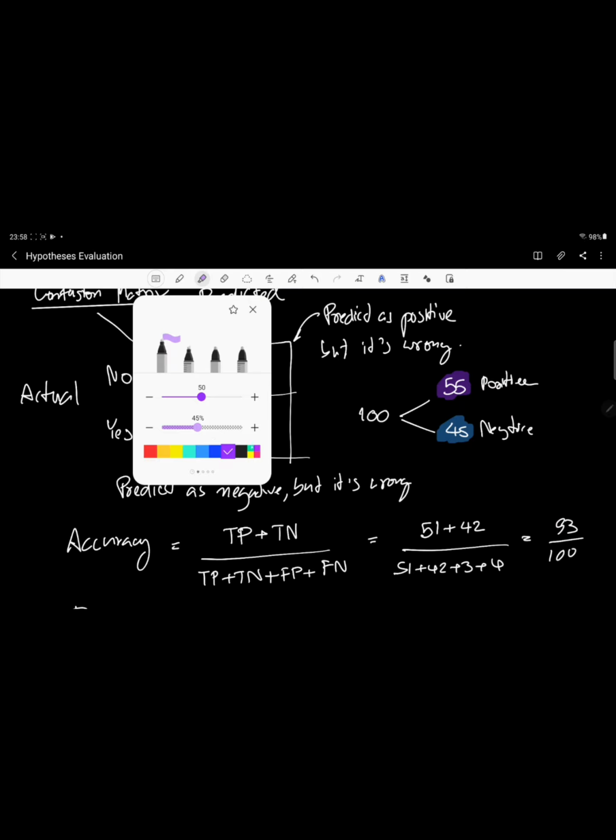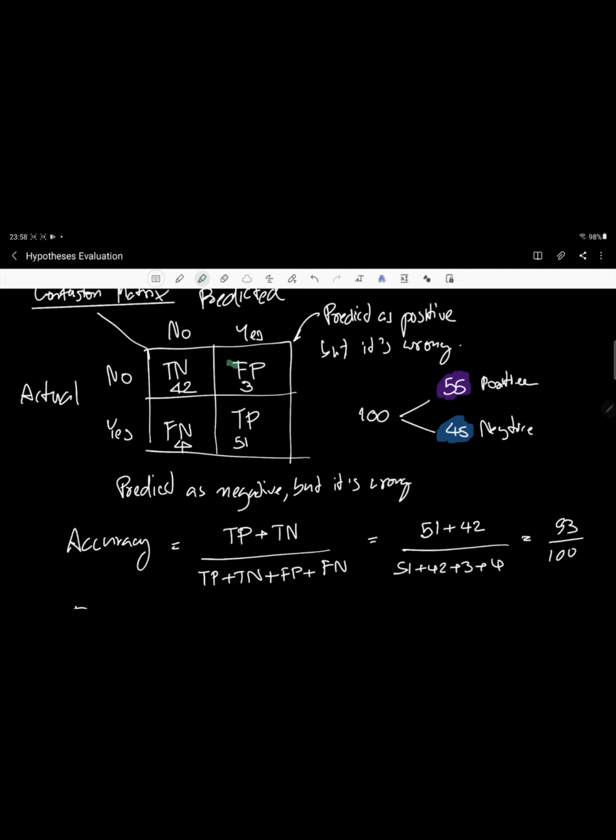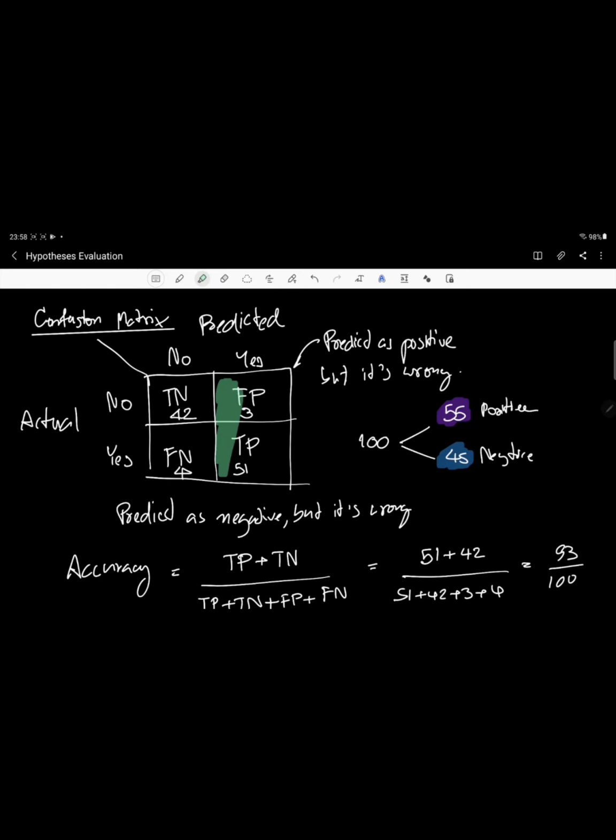If I say that the green one will be the positive, so the total number of the ones that you predict as the positive is colored in green.